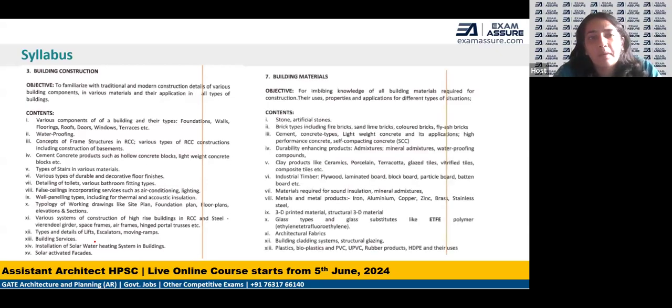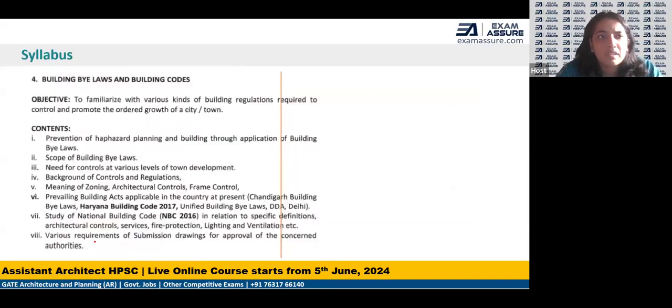And again, if you see building materials, which they have mentioned separately, you would be expected to know all kinds of materials, right from stone, bricks, concrete, wood, timber, etc., aluminum, metals, everything, and their properties, characteristics, applications, usage. All of these are expected to be known.